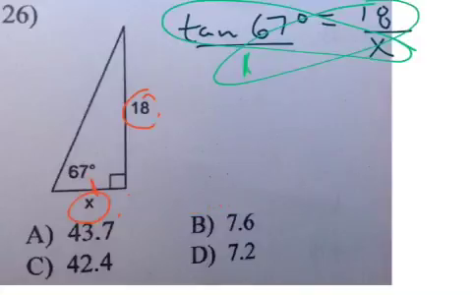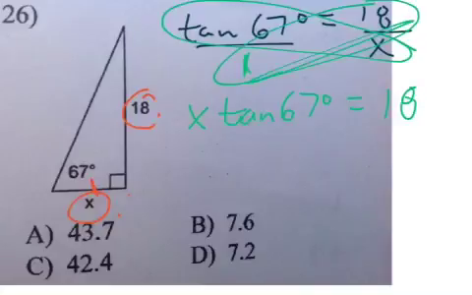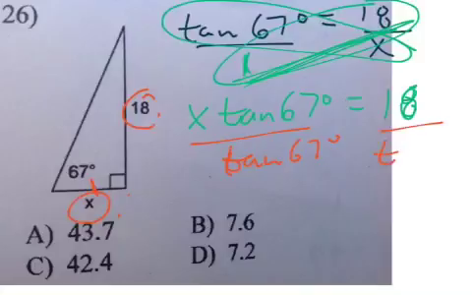Hopefully you agree that x times tangent 67 equals 18. The 1 times 18 right there is 18. And to find x now, we are going to divide by tangent 67 degrees.